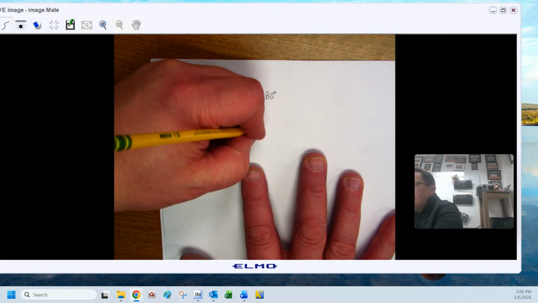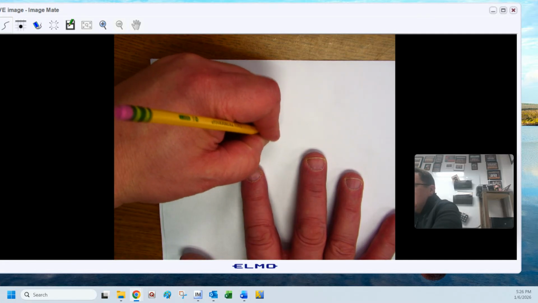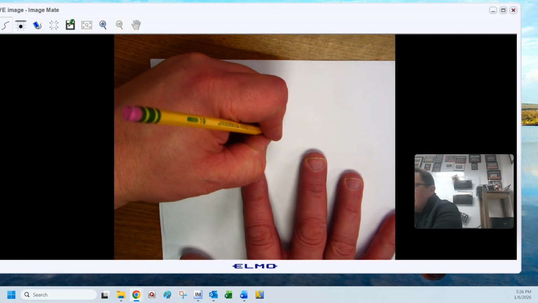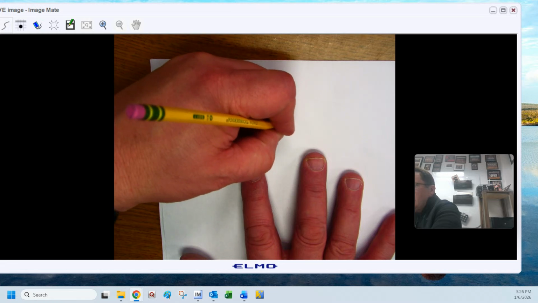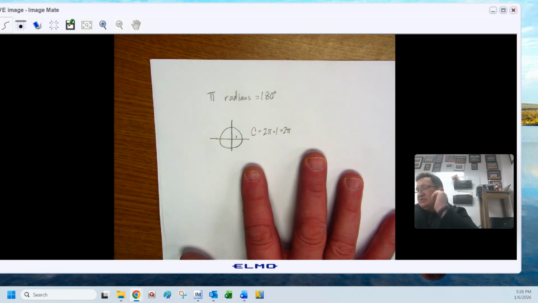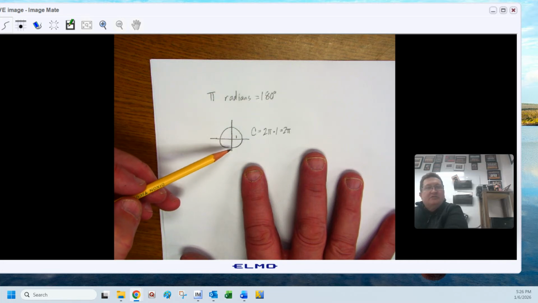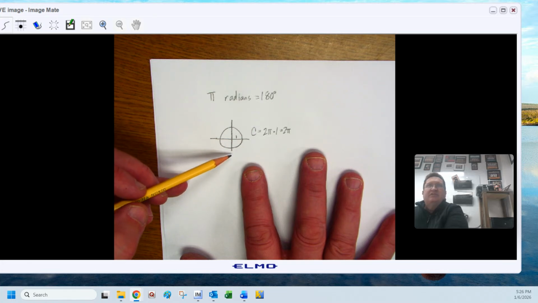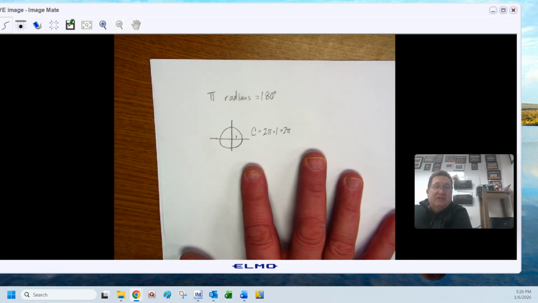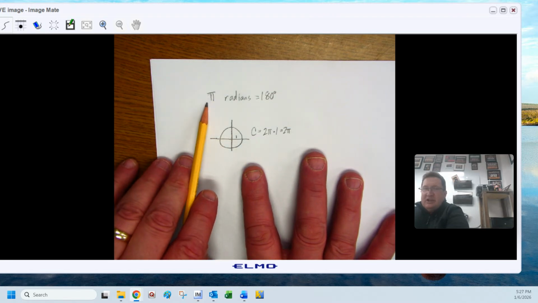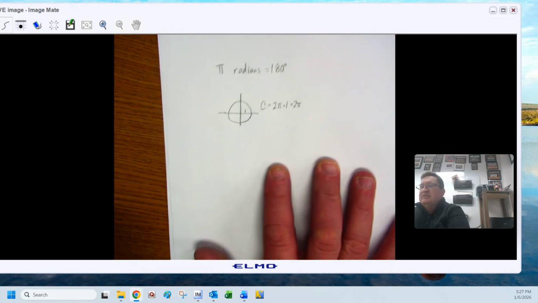Its circumference is 2 pi times r, so 2 times pi times 1, or 2 pi. And so if 360 degrees is 2 pi radians, then if we reduce that, pi radians is 180 degrees.